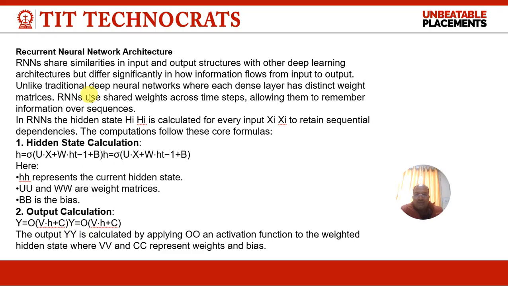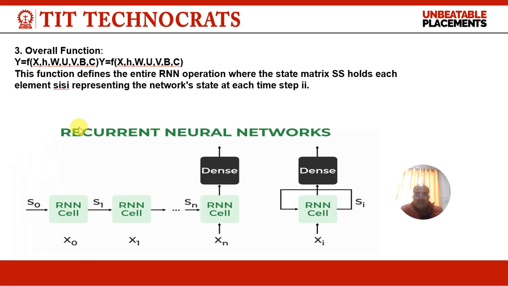Here these are the independent inputs, and the next layer input is x1 and the output of the previous layer. So this is the working model of the RNN.